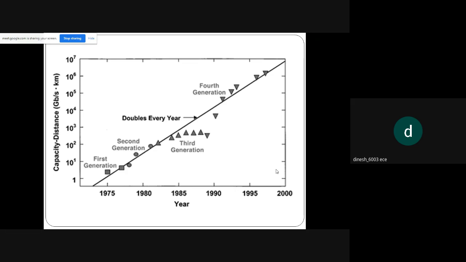which used the first window with a capacity of 10 power 1 gigabits per kilometer. Then during 1983, the second generation was evolved using the second window, which had a capacity of 10 power 2 gigabits per second per kilometer.